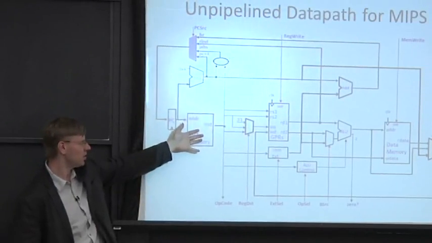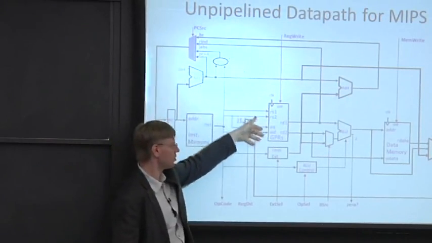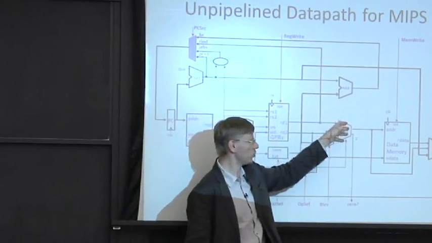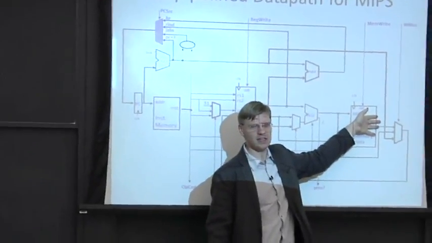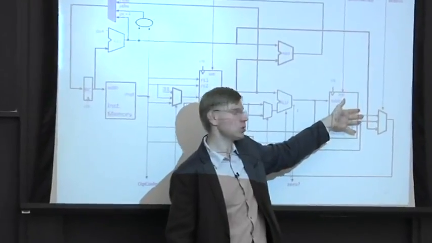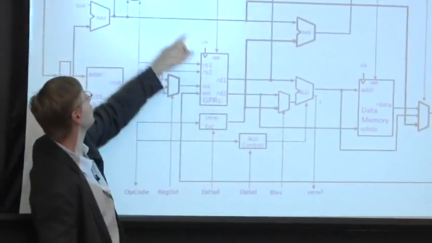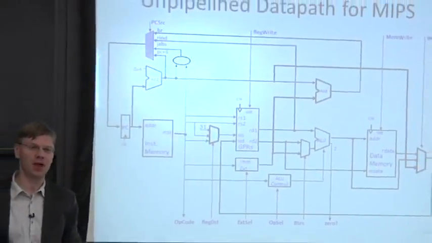We have some instruction memory where we fetch our instruction. This flows through, we fetch our registers from our register file, and we do the actual computation. We might have to access some data from data memory if we do a load or a store. And then finally, it comes back around, we write the result here, and we increment or change the program counter.